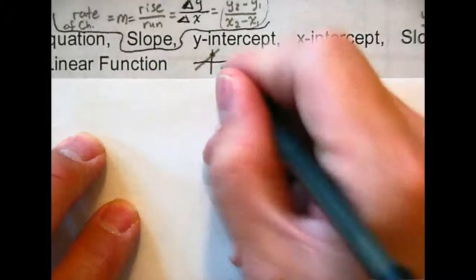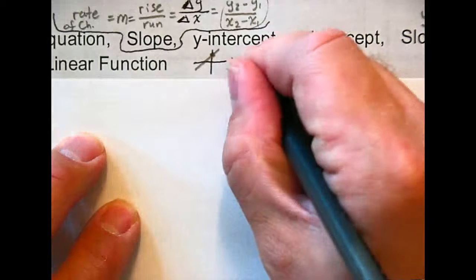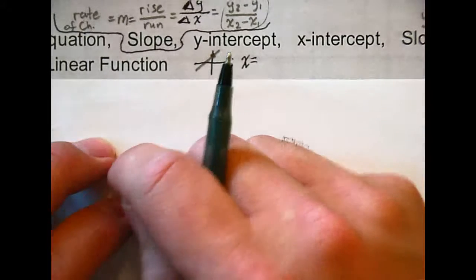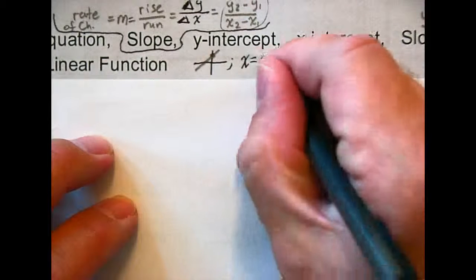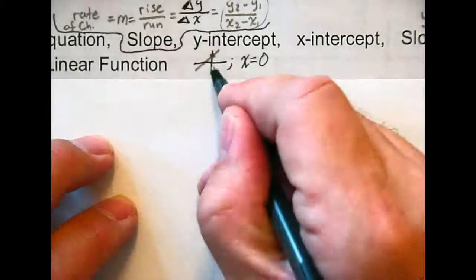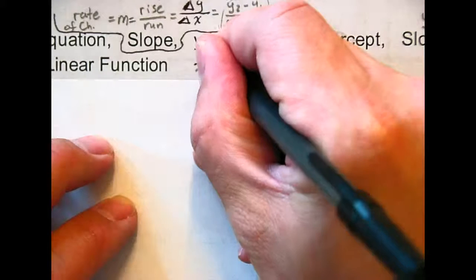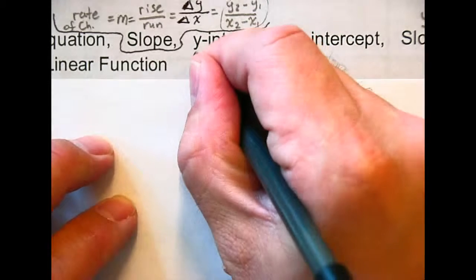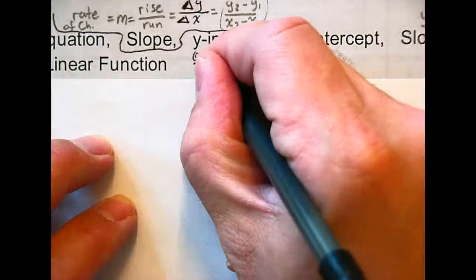Another way to think about it: the y-intercept is when x equals what? When x is 0, you get a y-intercept. The coordinate where it crosses the y-axis has the ordered pair 0 something. If that was a 2, it'd be (0, 2).